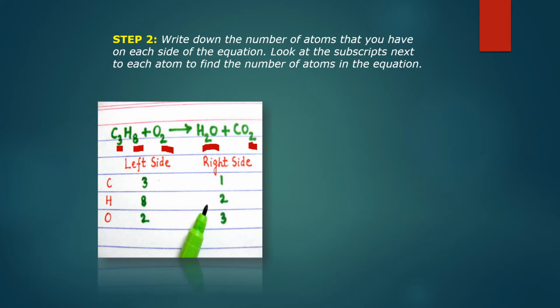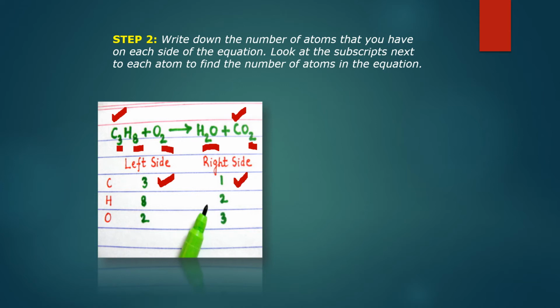So you will first look at the subscripts and write down how many atoms in total you have on the left hand side and the right hand side. For example, carbon: there are 3 atoms of carbon on the left hand side, and on the right hand side you have 1 atom of carbon.